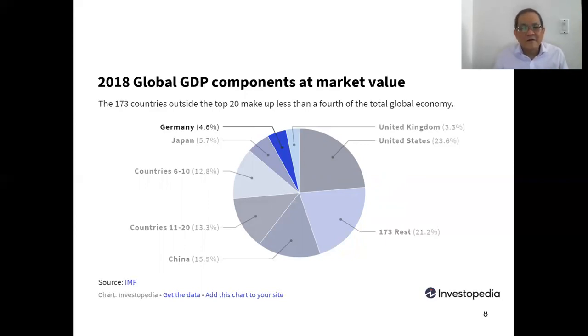For example, we know that in Germany the GDP is calculated in euro, and in China the GDP is calculated in renminbi. So in order to create a pie chart like this, the economists have to convert the euro to dollars, the renminbi to dollars, using the exchange rate on a particular day.